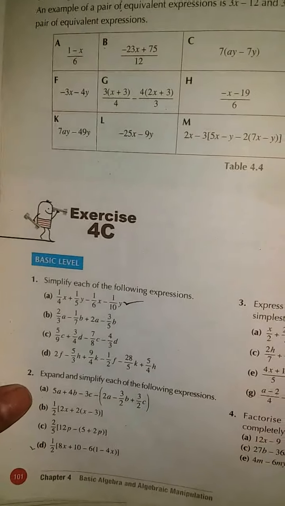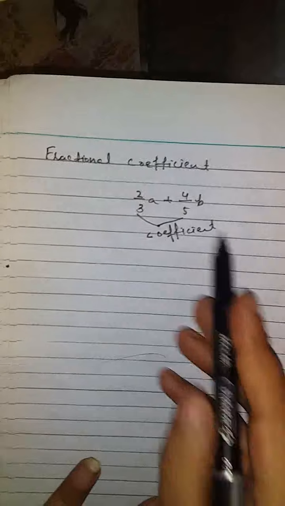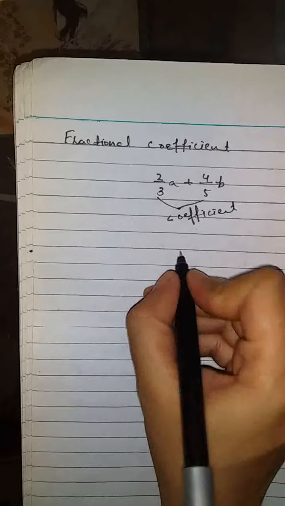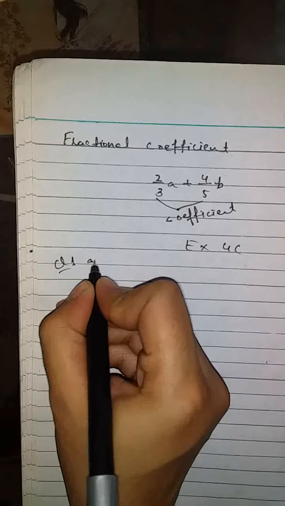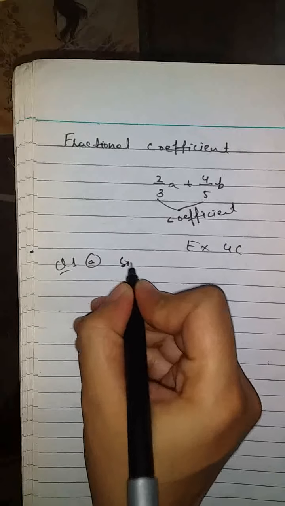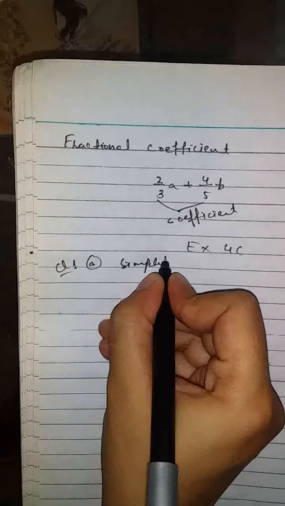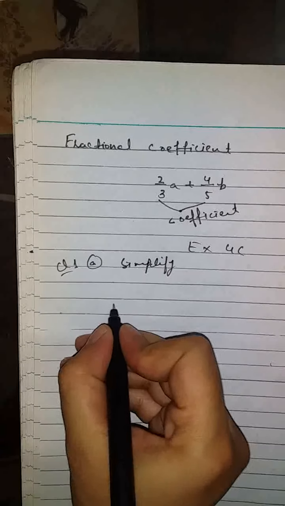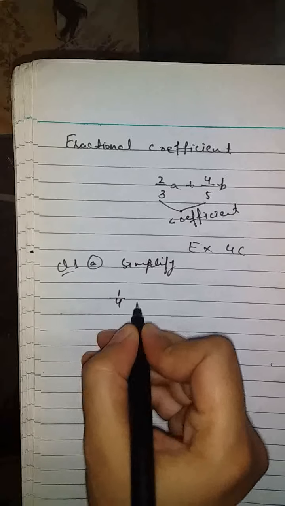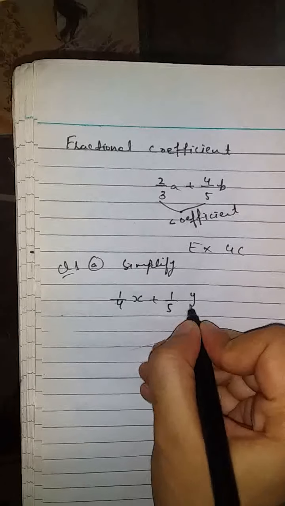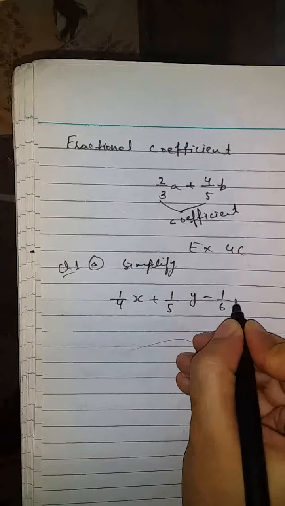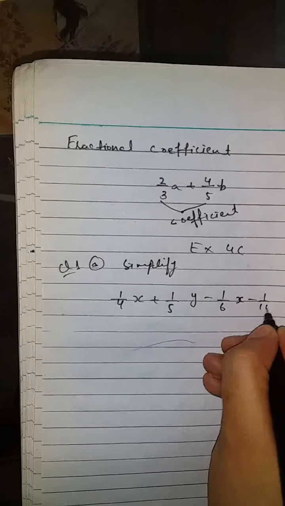Simplify each of the following expressions. Exercise 4c, question number 1, first part: 1 by 4x plus 1 by 5y minus 1 by 6x minus 1 by 10y.